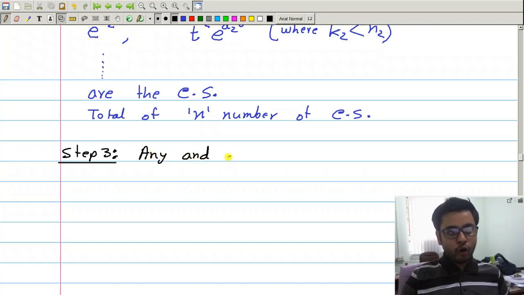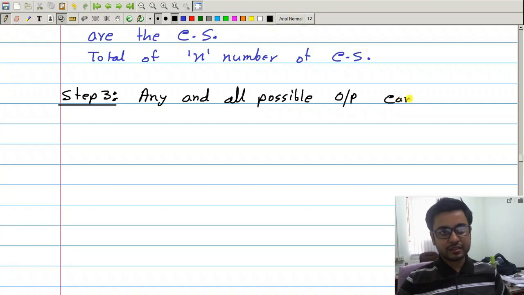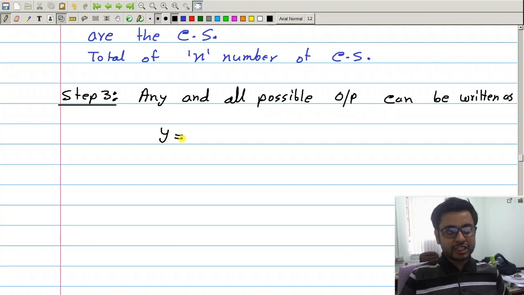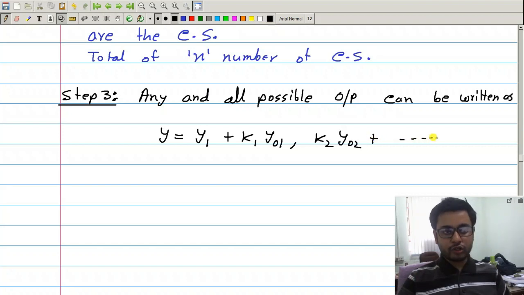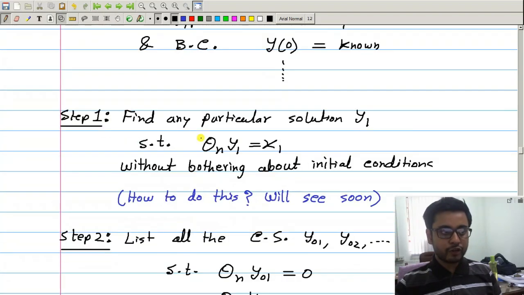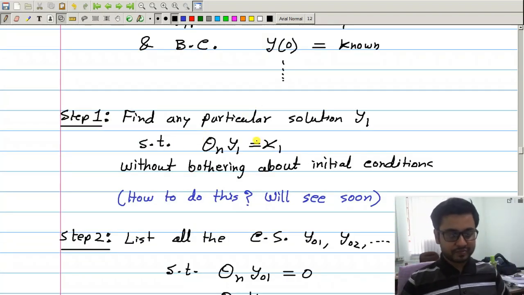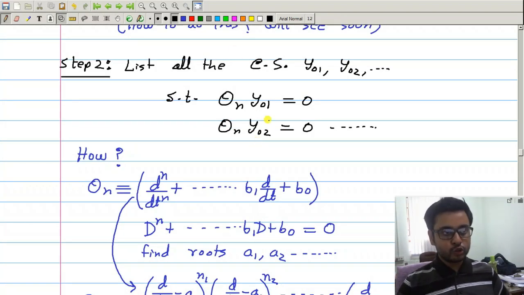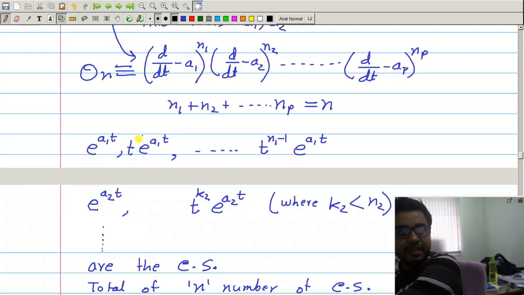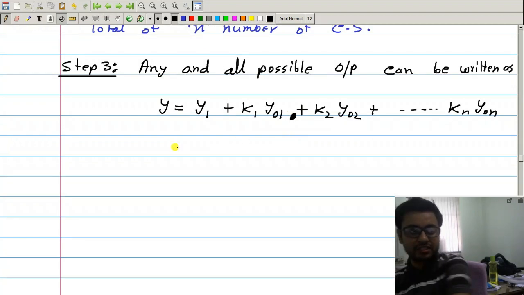any and all possible solutions, all possible outputs, can be written in a general form: y is equal to y1 plus k1 y01 plus k2 y02 plus ... up to kn y0n, where y1 is any particular solution, any solution that you have found in step 1 somehow, and y01, y02 are these signals, these complementary solutions.